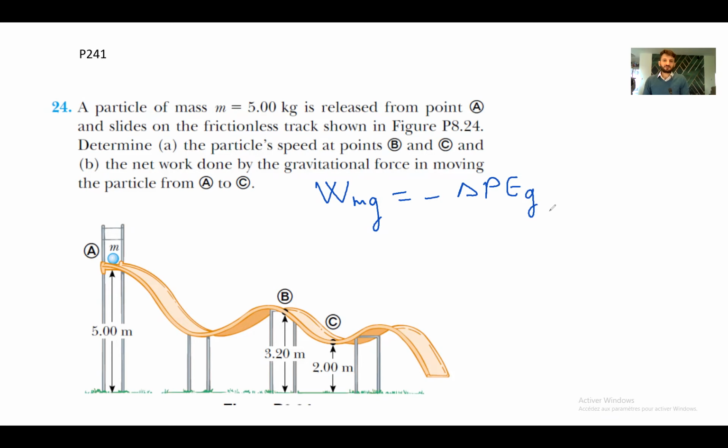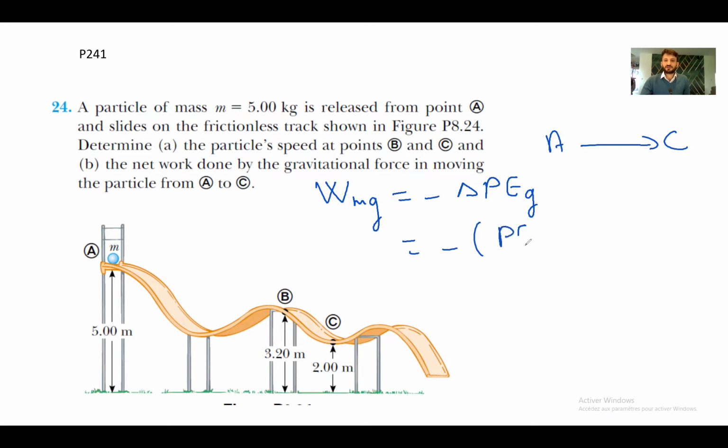Omega mg equals minus the delta gravitational potential energy, and in the case of Fs, omega equals minus delta elastic potential energy. Between A and C, C is the final position.